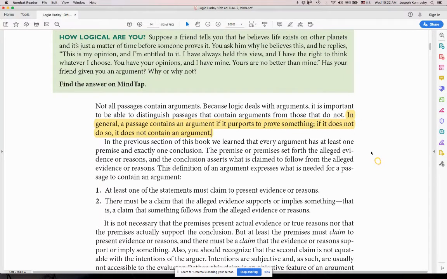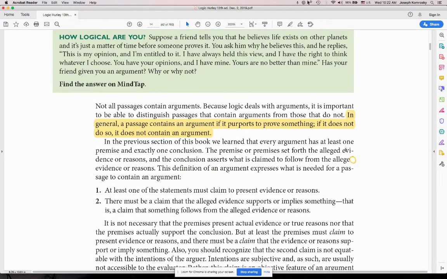It is an argument because it's trying to prove something. It's trying to prove that I can fly, but it's a horrible argument. Nevertheless, it's still an argument because it's trying to prove something. So it doesn't matter if it actually proves it or not, if it's trying to show that a claim is true, that's all that's needed to have the form of an argument.